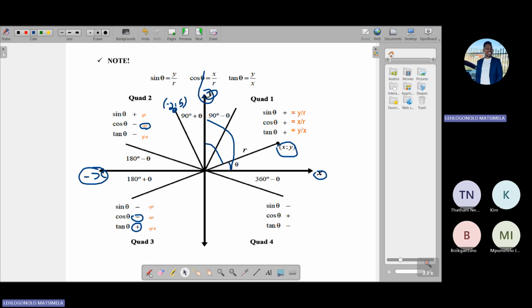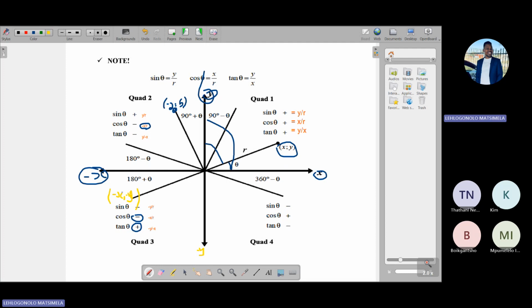How so? It is so because in this region, y is negative, and x is negative. If I make a coordinate here, I will have negative x and negative y, because the point lies in the third quadrant, where the x value is negative and the y value is negative.